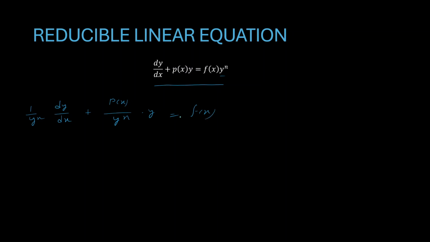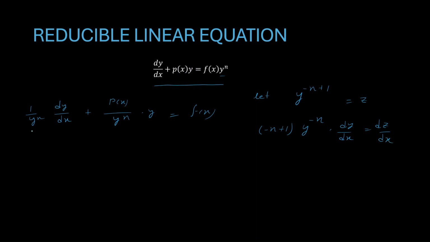Now we have got this. Now let y to the power minus n plus 1 be equal to z. Now differentiate it. If we differentiate it, what will we get? This is minus n plus 1 into y to the power minus n dy/dx is equal to dz/dx.